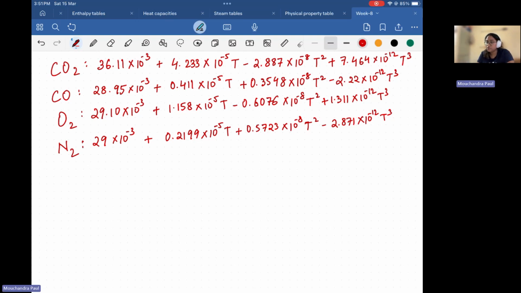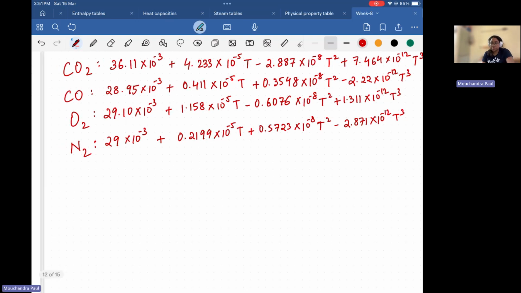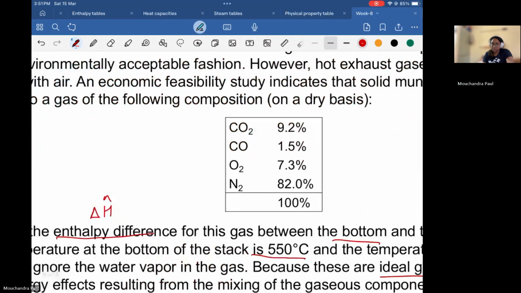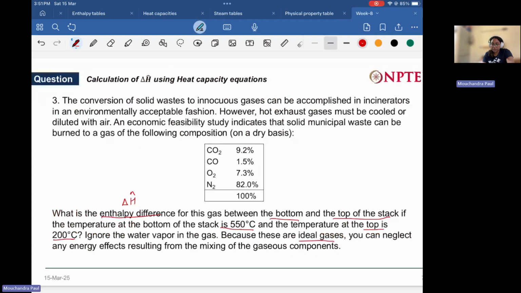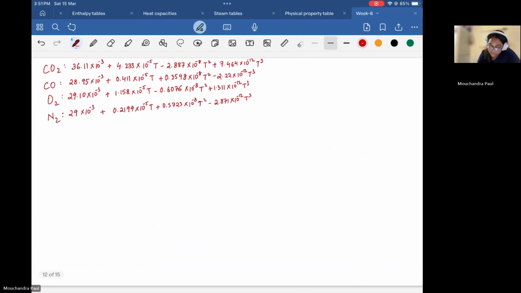Now, we have been given individual percentages of the gas in the question. So what we can do, we can multiply these percentage combinations with the Cp value and convert it. So this entire thing will be multiplied with 0.092 for CO2.